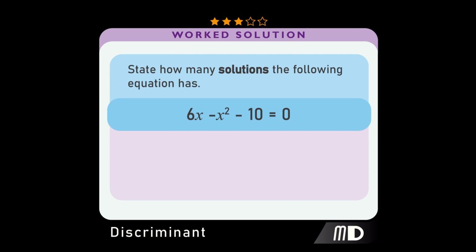For a quadratic equation of the form ax squared plus bx plus c equal to 0, the discriminant, which is defined as b squared minus 4ac, tells us the nature of its roots.